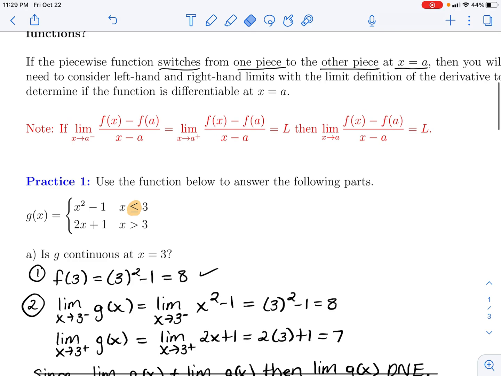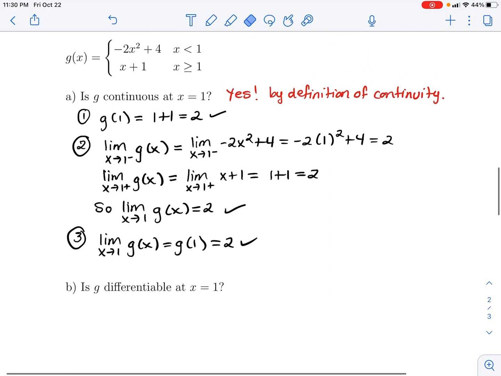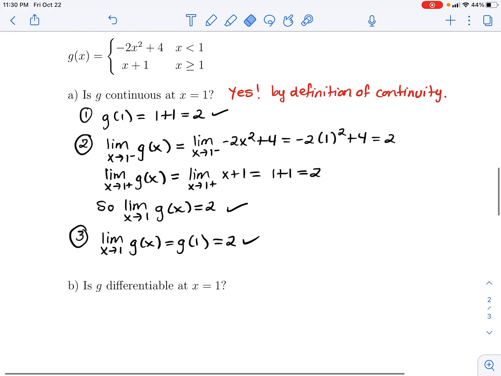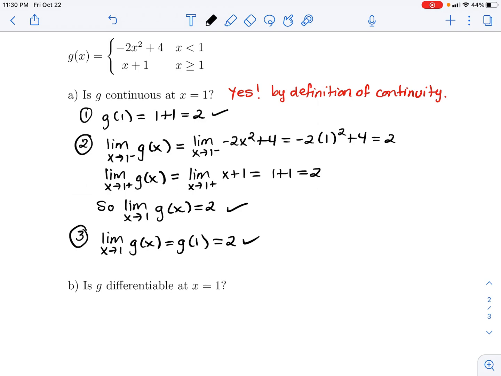So what I'm going to do is consider the left-hand and right-hand limits with the limit definition of the derivative here. Again, I'm considering the left and right-hand limits because the function is going from one piece to the other at x equals 1.